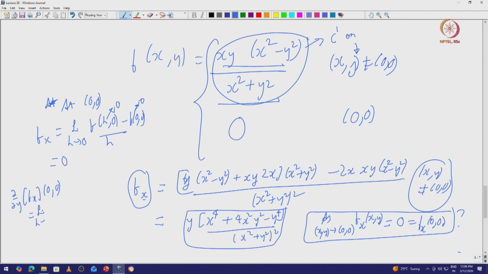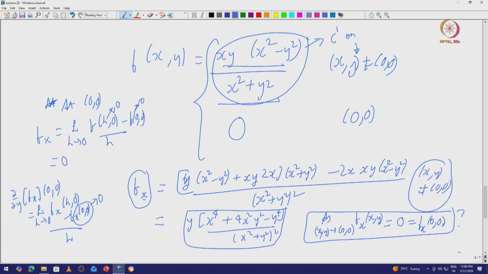The limit as h goes to 0 of fx of (h, 0) minus fx of (0, 0) divided by h. This we have agreed is 0. Now, what is fx of (h, 0)?